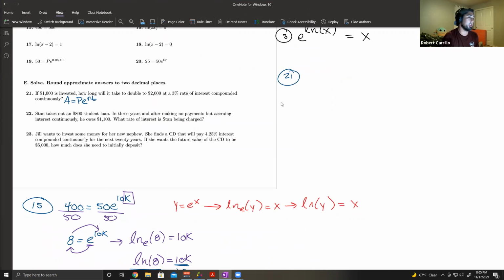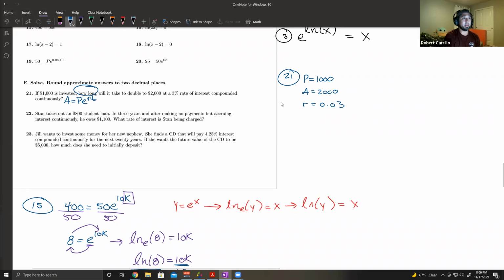Okay. So 21, we're going to use PERT. And we're saying that we invest $1,000. So the beginning amount is 1,000. And we want the final amount to double to 2,000. And we are given a rate of 3%. So 0.03. Okay. And it says how long.